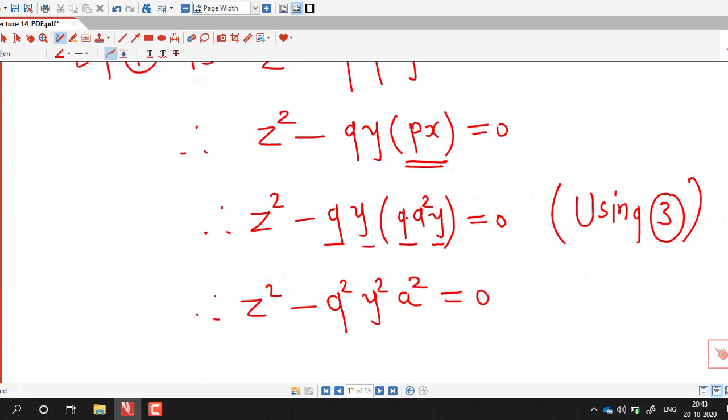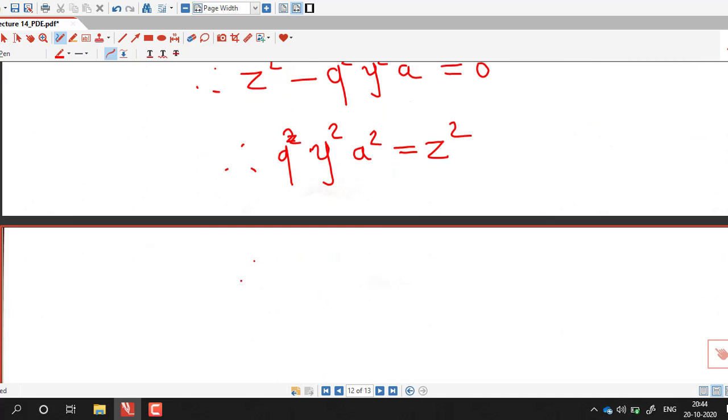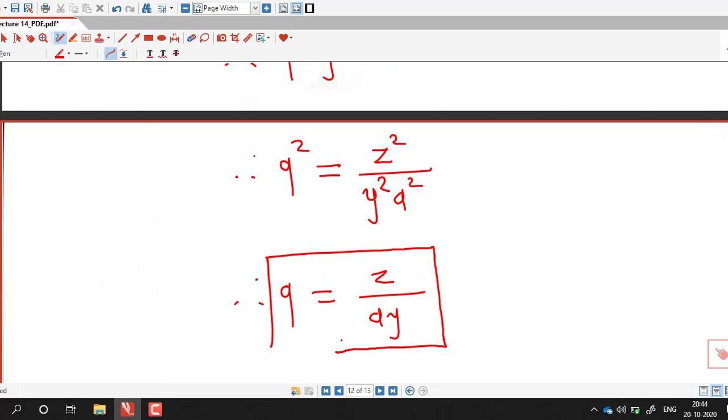So q square, y square, a square equal to z square. And this will give me the value of q square as z square upon y square into a square. And therefore taking positive square root, we obtain q equal to z divided by a into y. So we are able to find out small q.